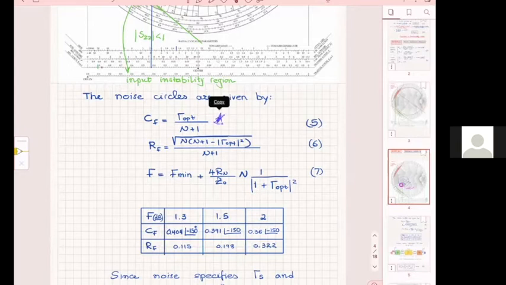And of course, from equation 7, which is this one, you find also the corresponding noise value for those. Since 1.2 is the minimum, I go to 1.3, 1.5, and then 2.